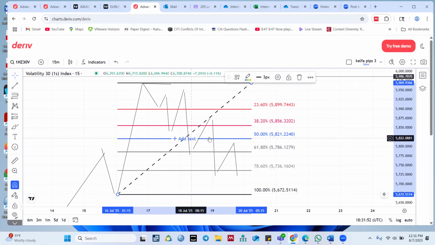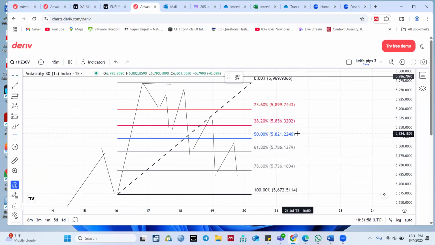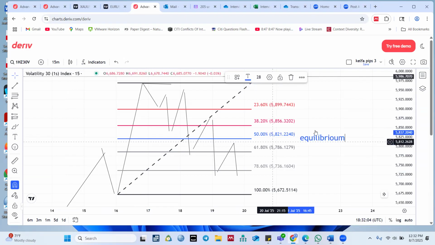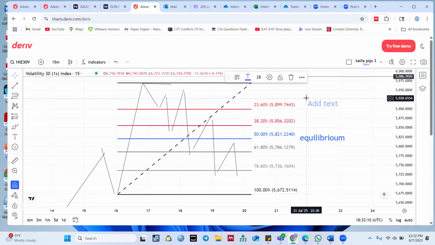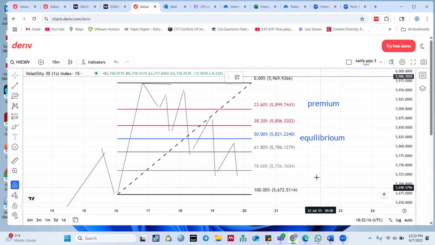The blue area is the middle, which is the 50%, and that is called equilibrium. Above the 50% is called premium, and below that 50% is called discount.